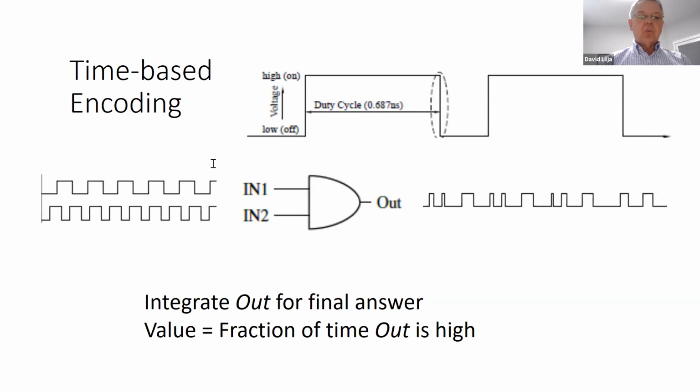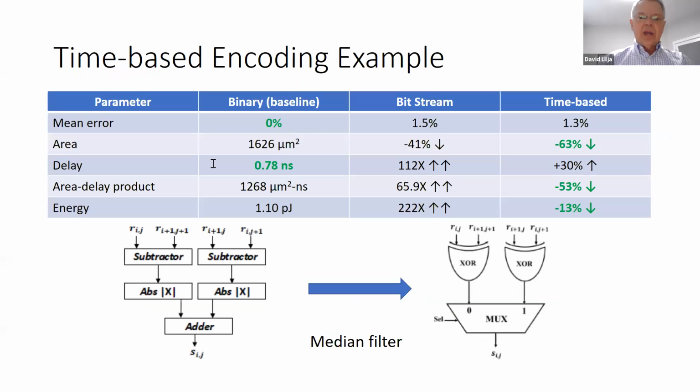How well does this work? Well, one quick example here, looking at the median filter. The circuit on the left now becomes 2 XOR gates and a multiplexer on the right when I do this time-based encoding. And if you look at the table, you can see that the area for that time-based encoding drops about 63% compared to the area for a standard binary implementation.